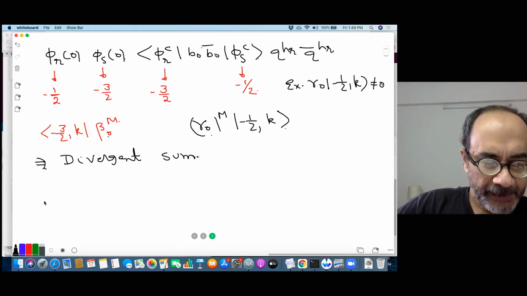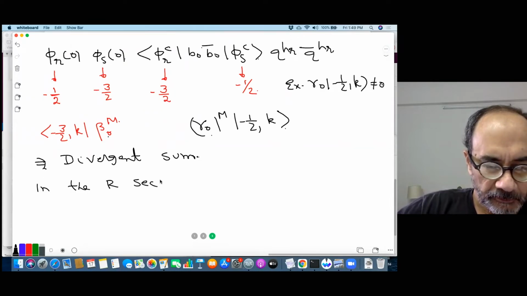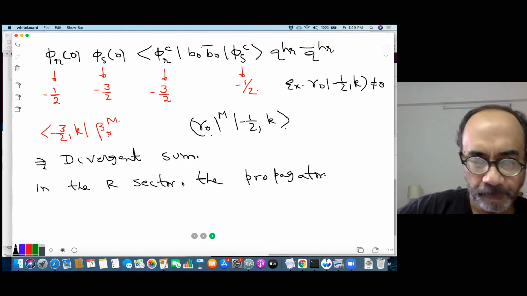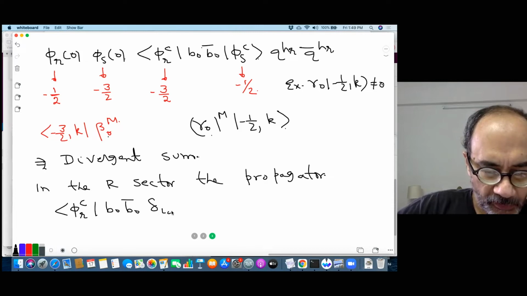So this means that in the Ramond sector, in the R sector, the propagator, remember we had done the NS sector propagator by integrating over the Q, and there it was phi RC, B0 bar, and then you had a delta L0 bar, and then 2 over L0 plus L0 bar.